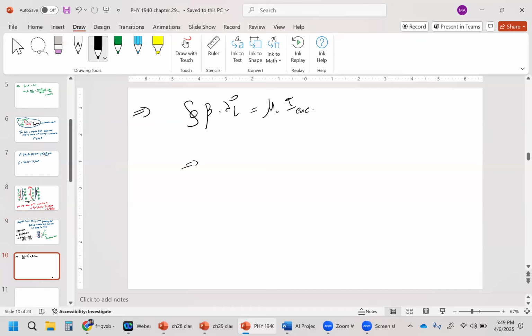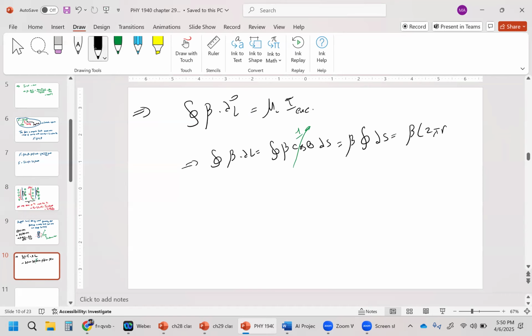And so this is going to equal the closed integration of B cosine theta dl, where cosine theta we assume goes to 1. This is going to equal B times the closed integration of dl.